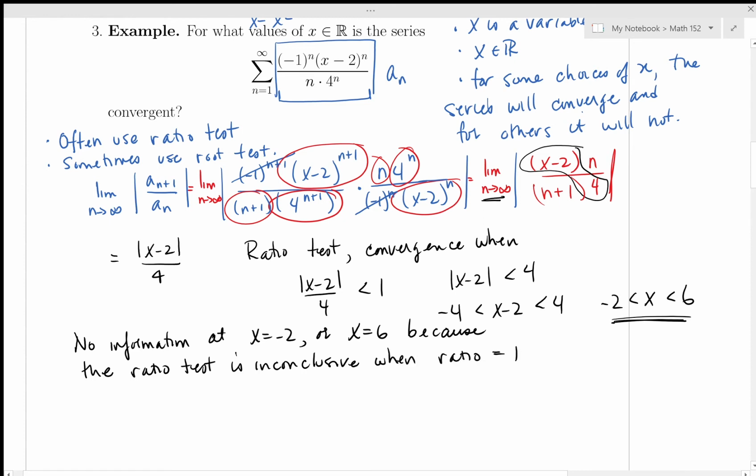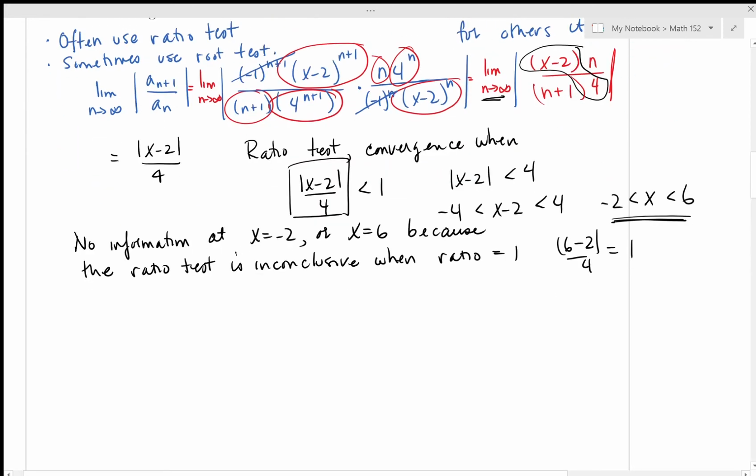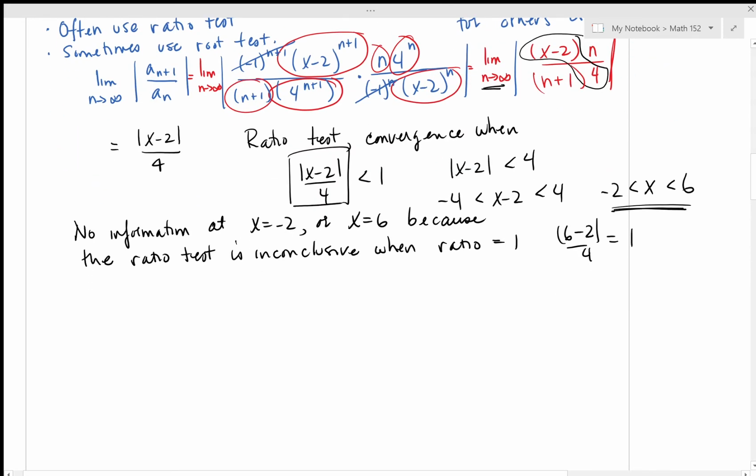What I'm saying here is if I take this thing right here and I put in 6, I'll get 6 minus 2 over 4, and that's equal to 1. I don't get any information from the ratio test. So I'm going to look at x equals minus 2 and x equals 6 separately.